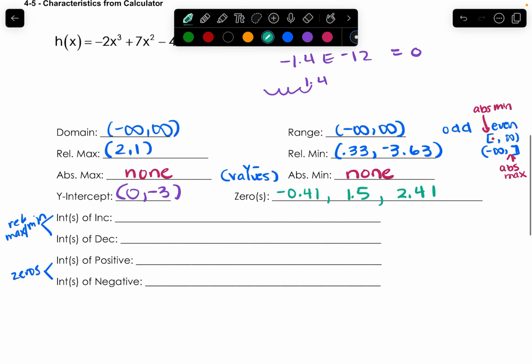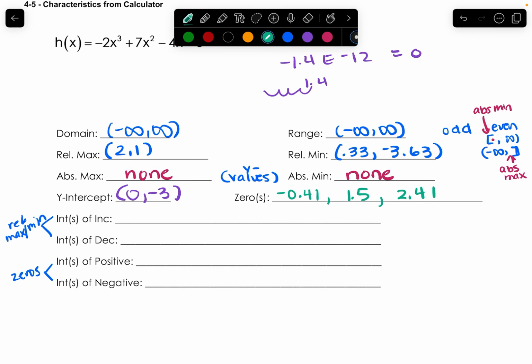All right, intervals of increase and decrease. So my function was going down and then up and then down. So it starts off decreasing from negative infinity until it gets to the minimum point here. The minimum point is at -0.33, or -1/3.